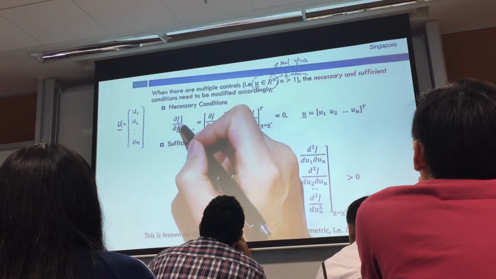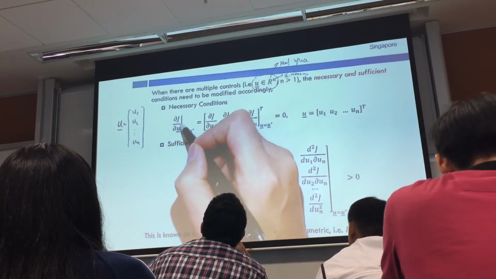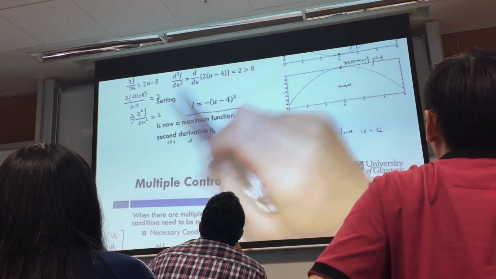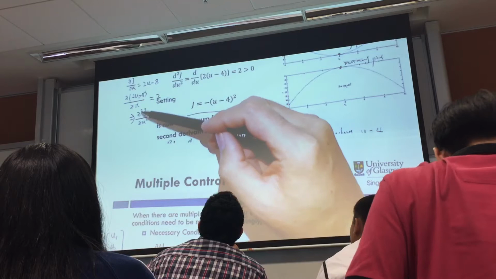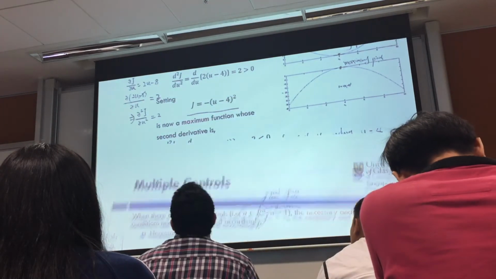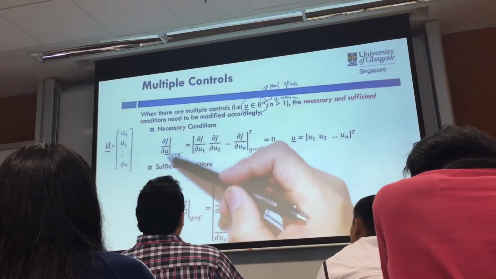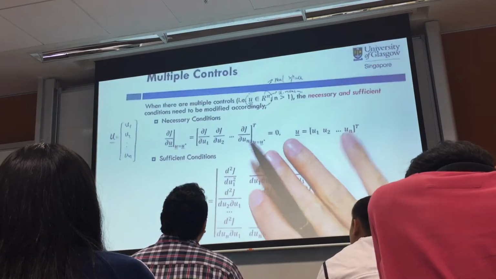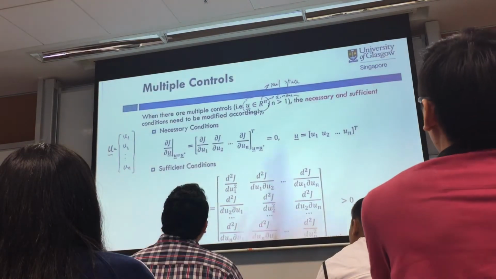If your function only has one input, you know how to calculate the derivative. But what happens if your function has multiple inputs, n inputs, like this?